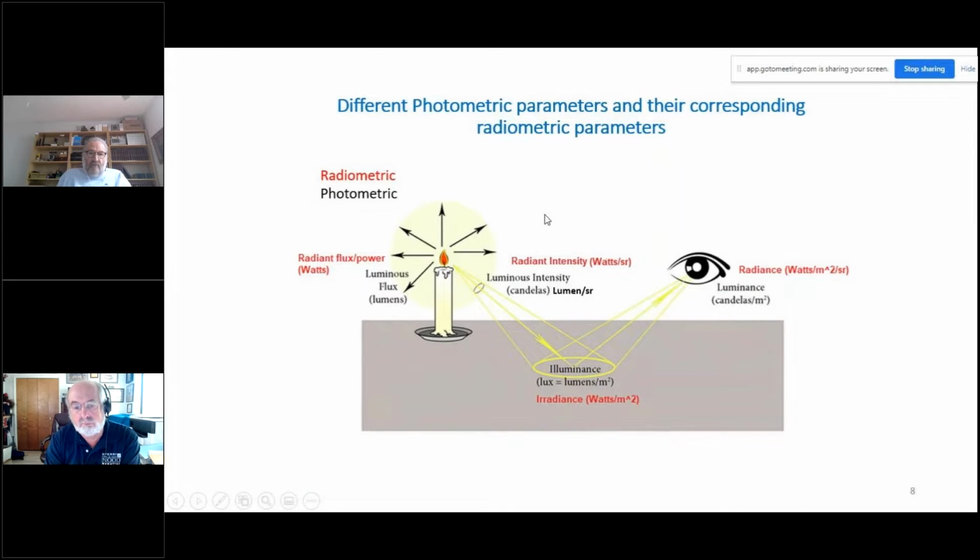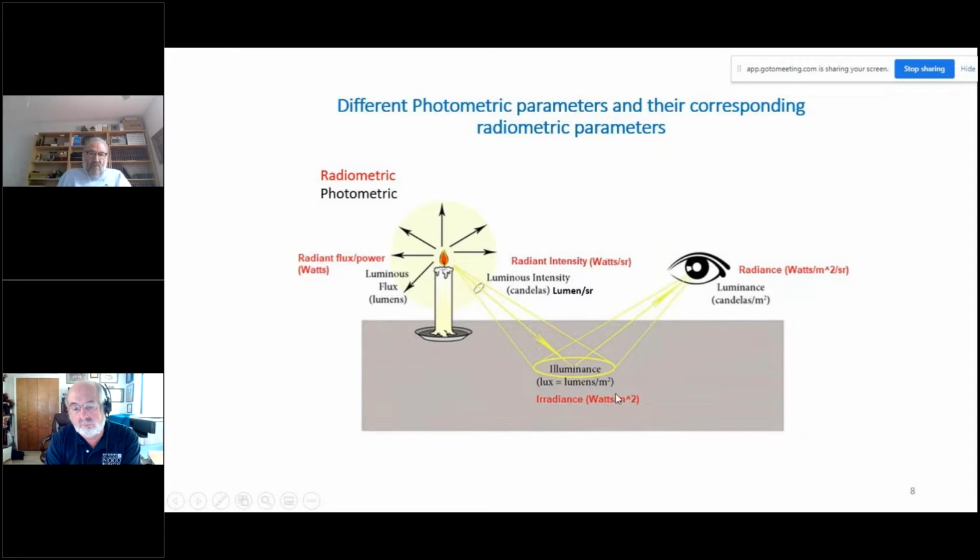Here's again comparing radiometric and photometric units. You can see this is a candle that is shining this luminous flux. It has a luminous intensity in candelas, and this falls on the surface on a certain area.